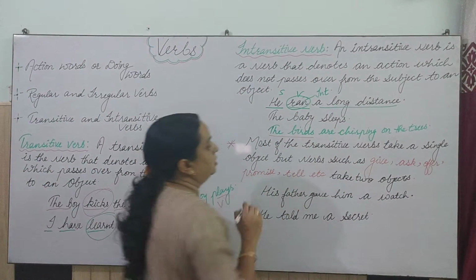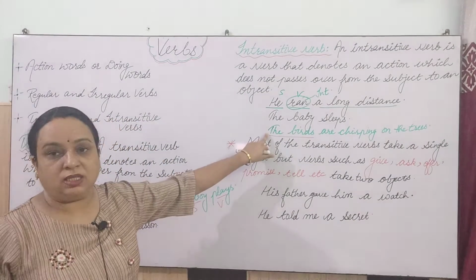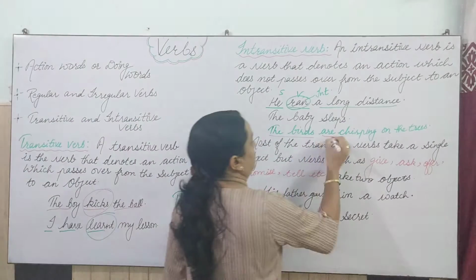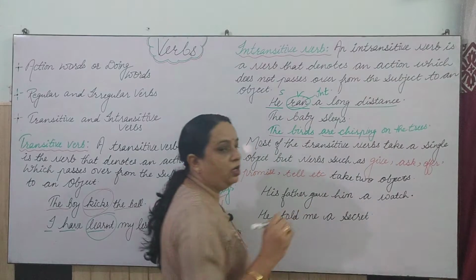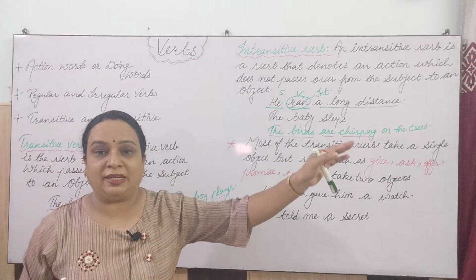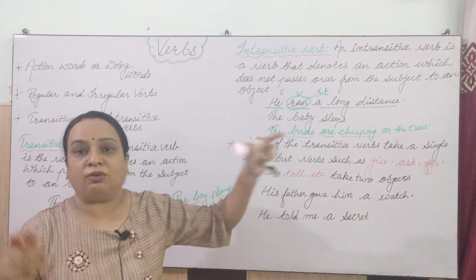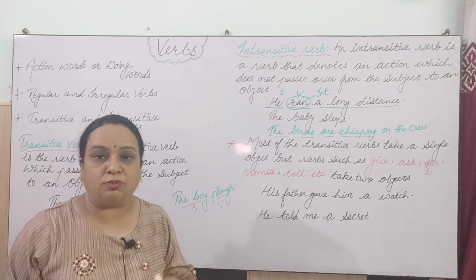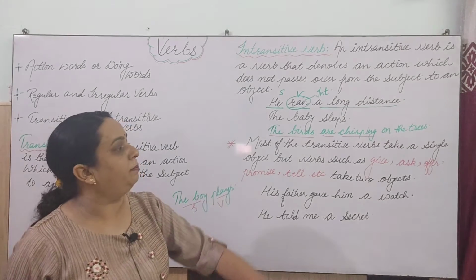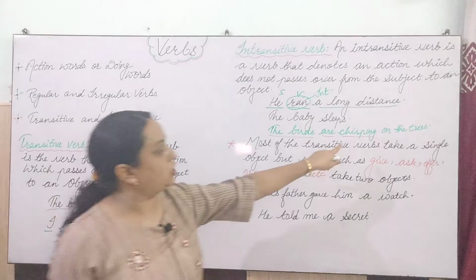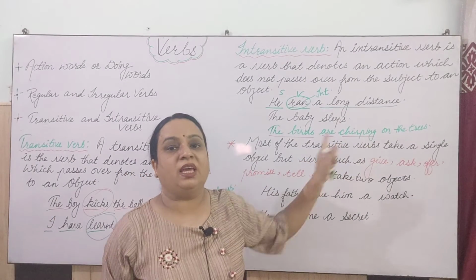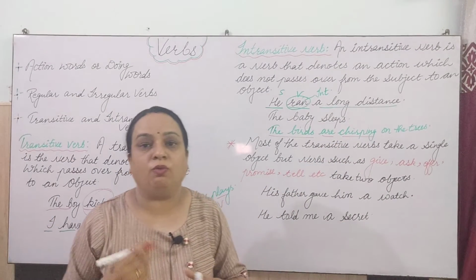So the birds is the subject, are is the helping verb, chirping is the main verb, on the trees. Is this phrase working as an object? No, this is the complement of the sentence, right? So chirping is the verb here and we cannot change the passive voice of this.